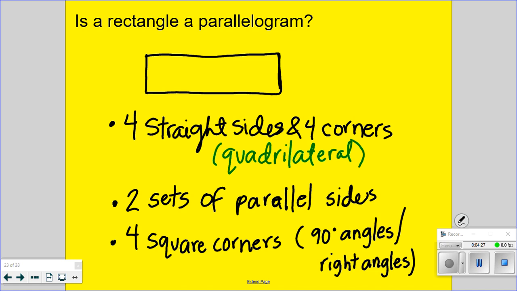Yes, it is a parallelogram because it follows all the rules of a parallelogram, but it also has different sets of parallelograms. Like a parallelogram has... hold on.